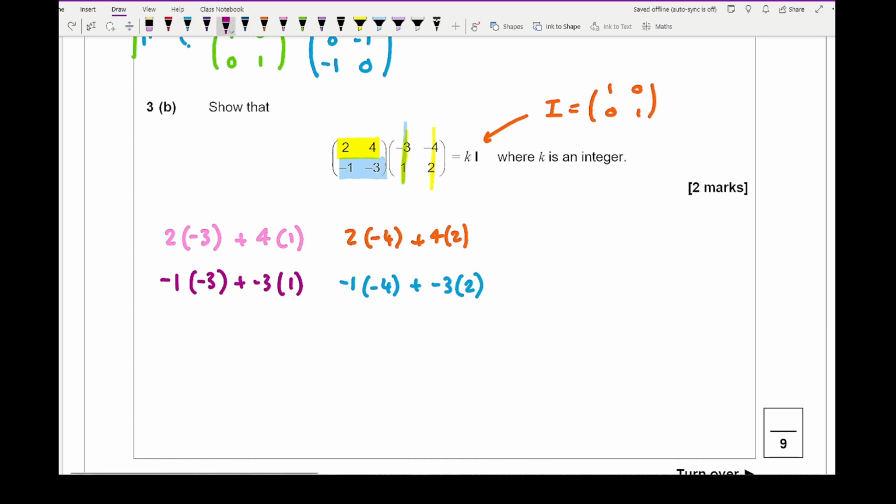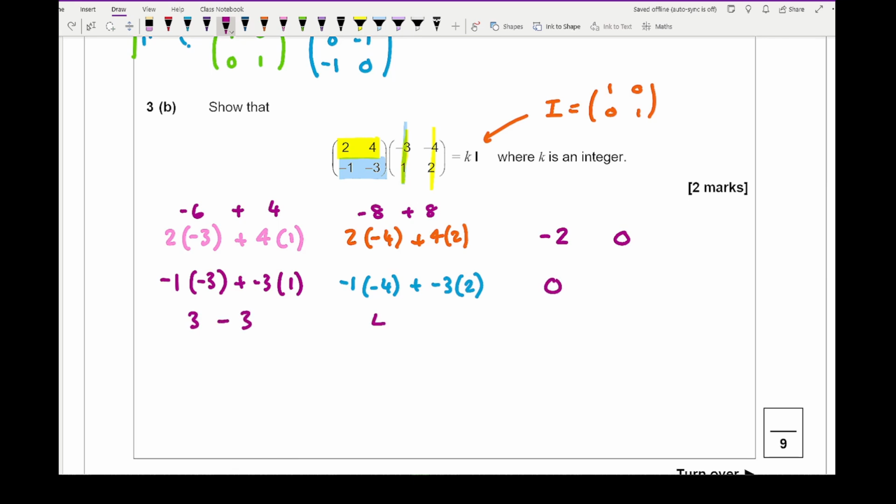And then all that's left for me to do is work these out. So 2 multiplied by -3 is -6, and then we end up with +4. So that gives me an answer of -2. This becomes -8 plus 8, which is 0. This then becomes 3 minus 3, which is 0.